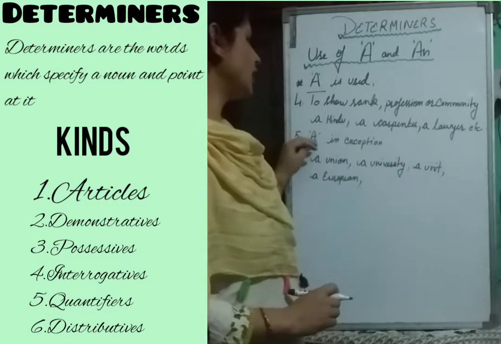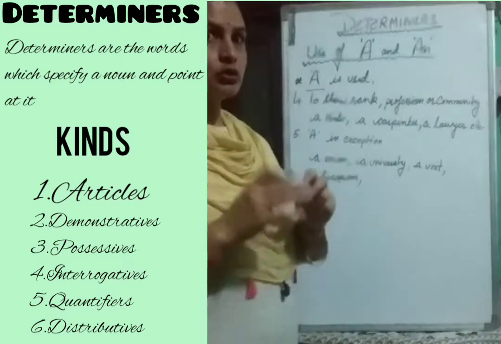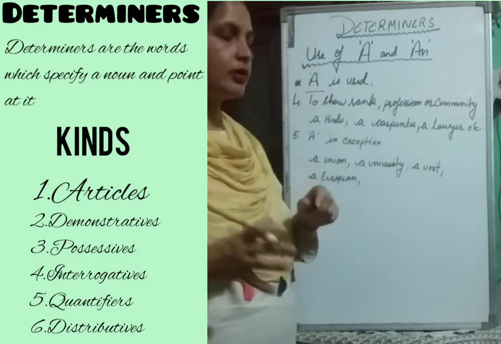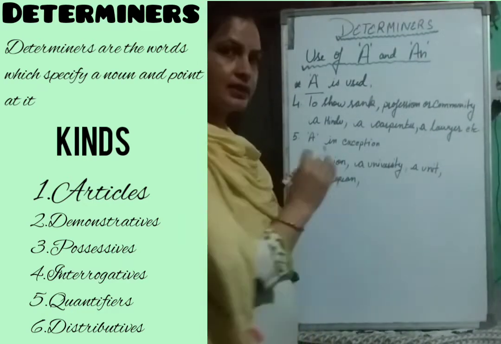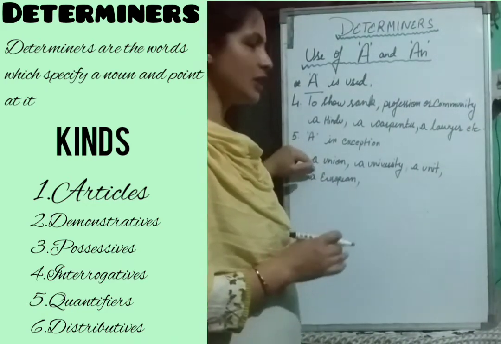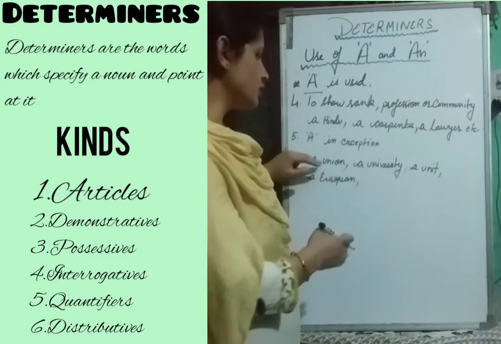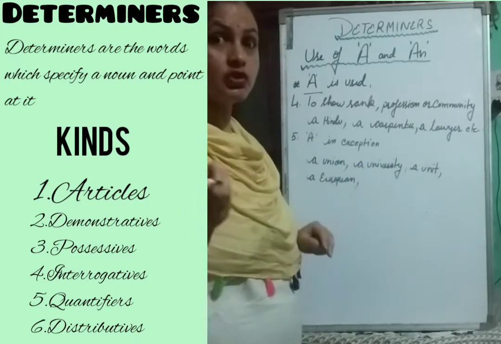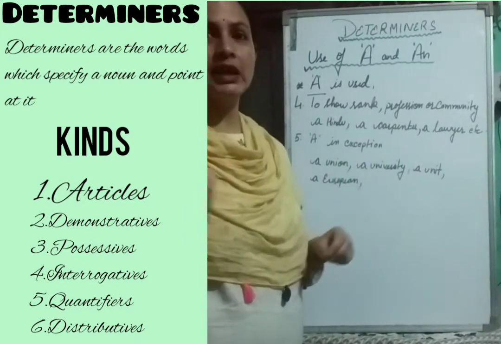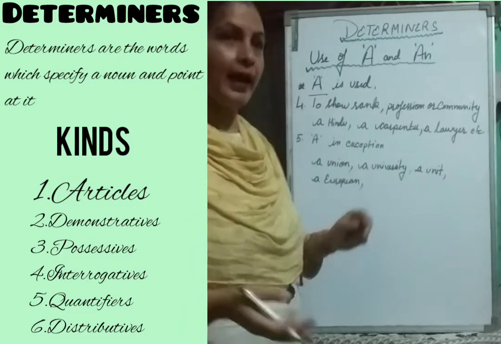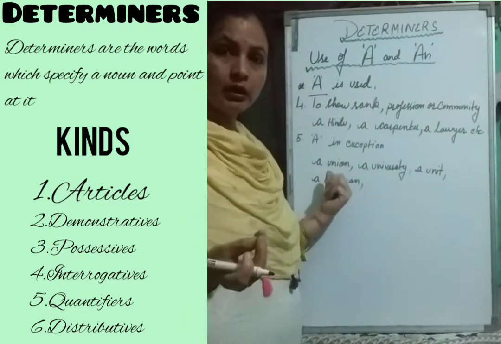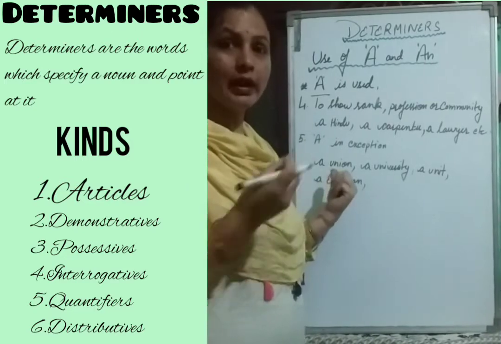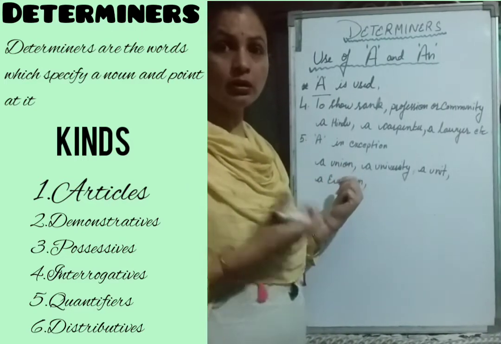Now the fifth one, a in exception. You have to listen carefully, children. In this exception case, why do we use a before words which start with a vowel? Generally we have 5 vowels: A, E, I, O, U, and these words also start with the letter U, but still we have used a before them.